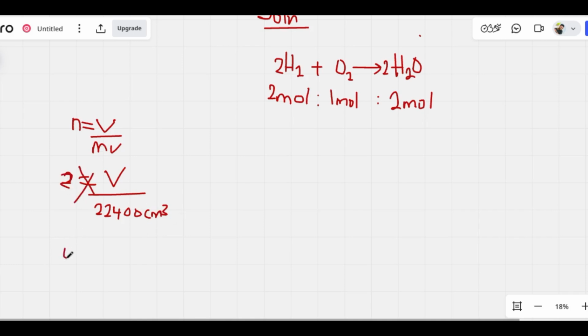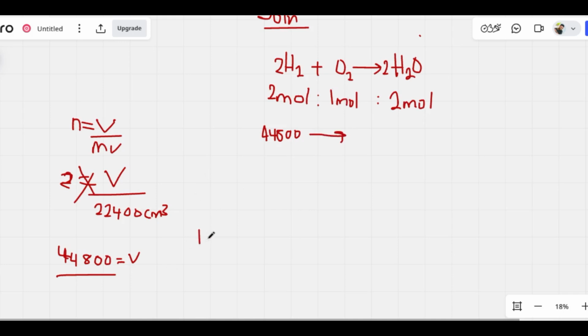that will be 44800 equals V. So the volume of hydrogen that reacted, I said 2 moles of hydrogen, so 2 equals volume of hydrogen over this. So that means volume of hydrogen is this. So you now write, based on the balanced chemical equation, 44800 reacted with, what will 1 mole of oxygen give?